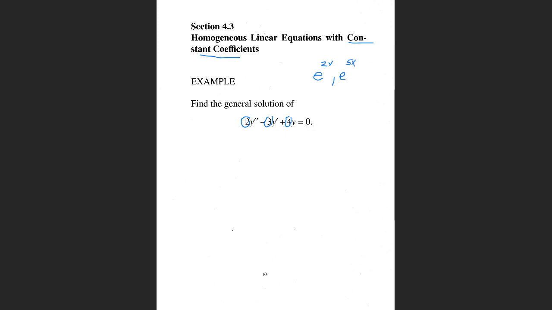Well, what if we were to consider solutions that might have the form e to the mx power? Now, that solution would only be a solution if we could solve for m. So let's go down that road and see what happens.